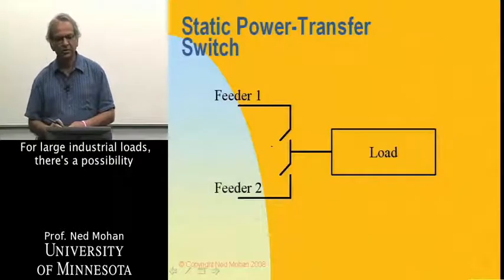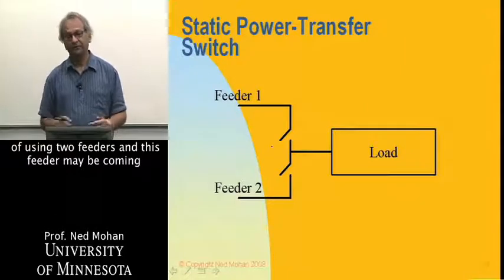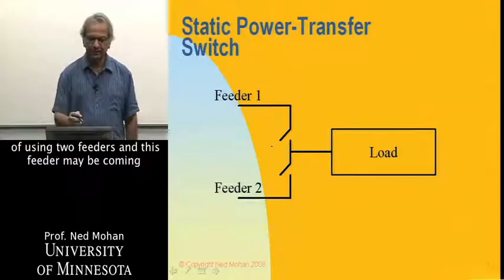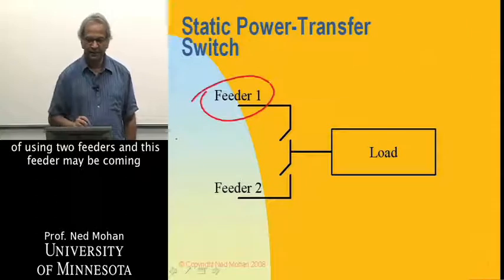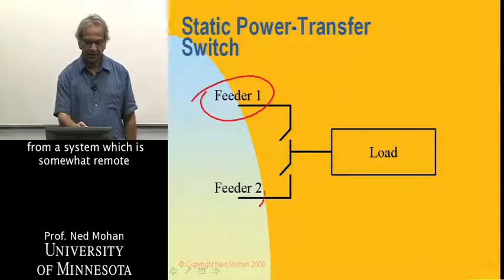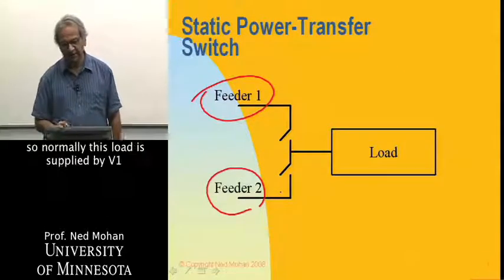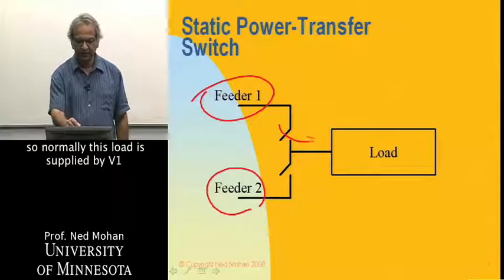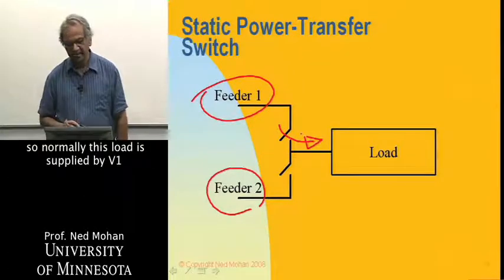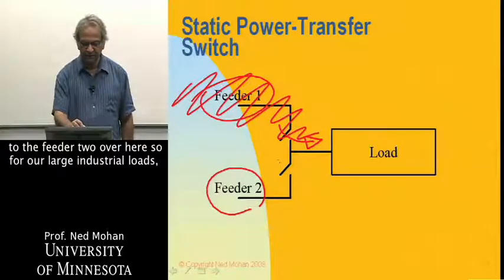For large industrial loads, there's a possibility of using 2 feeders. This feeder may be coming from a system which is somewhat remote from what is feeding this second feeder. So normally this load is supplied by feeder 1. But if there's a problem on this system here, we can switch it to feeder 2 over here. Okay.